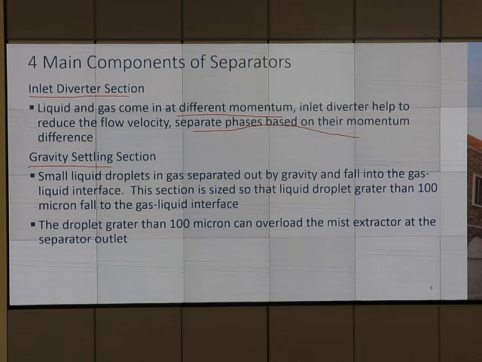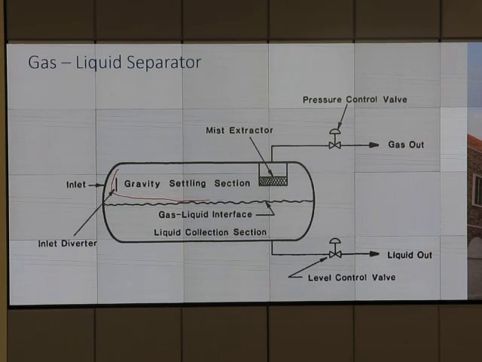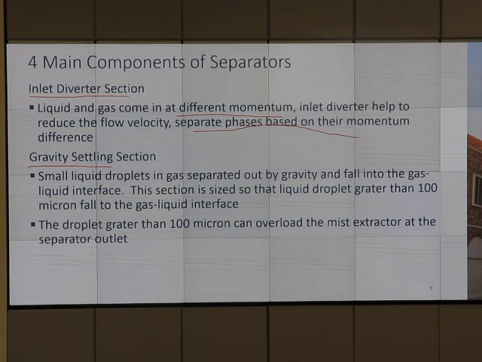Next part is the gravity settling section. Okay. Gravity settling section. The top part, right? That's the gravity settling section. Small liquid droplets in gas are separated out by gravity and fall into the gas-liquid interface. This section is sized so that liquid droplets greater than 100 micron fall down.